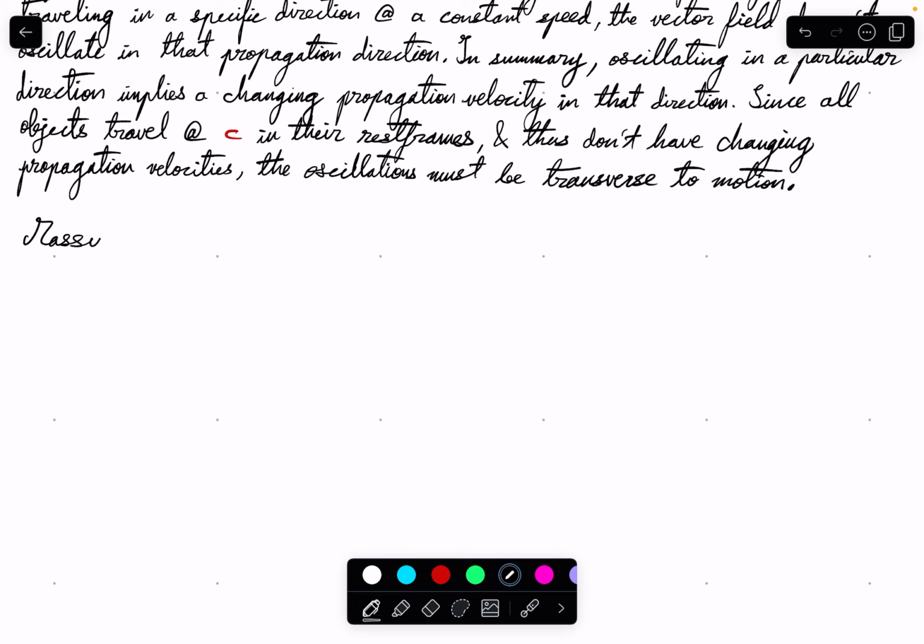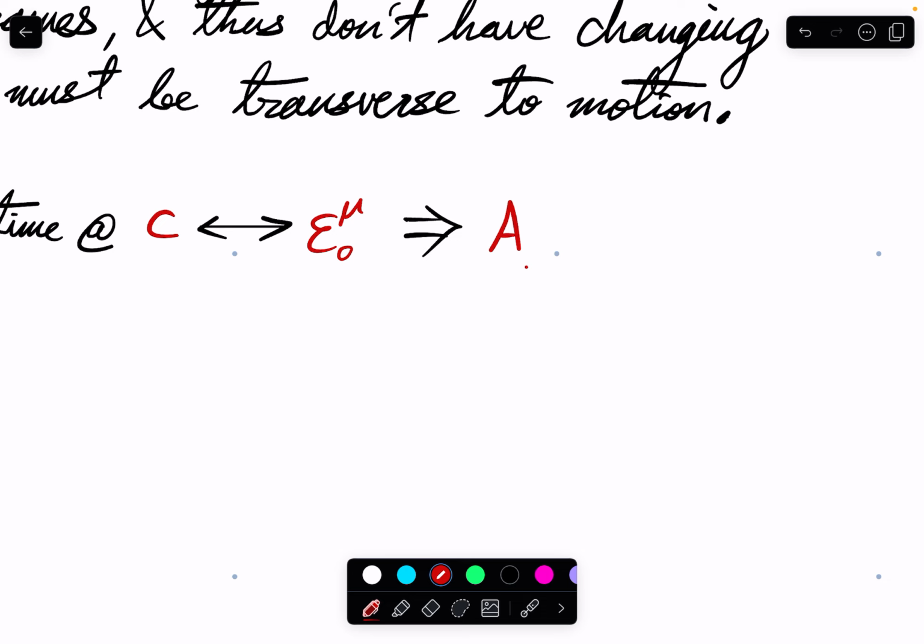You have the massive case, and in the massive case, it's traveling only through time at c, at light speed, which corresponds to this basis vector and implies that for a massive field, it is proportional to 0, 1, 1, 1.